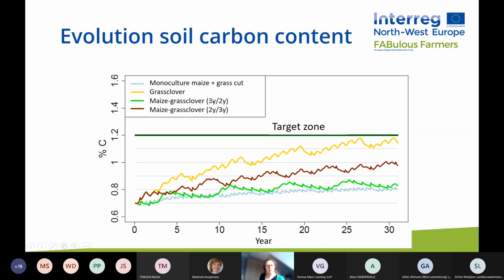It can be 3 years of maize and 2 years of grass clover, which is the green one, and then the brown one is the other way around. And then you see that the more grass clover you use in the rotation, the higher the uptake of carbon in the soil that can be gained.